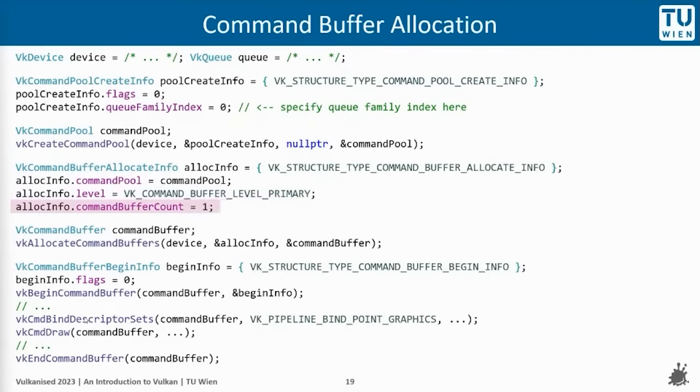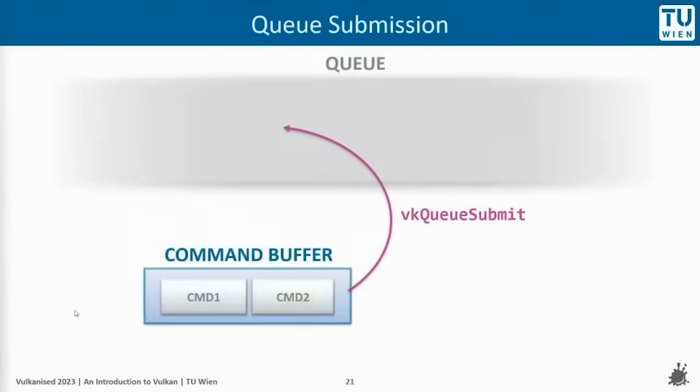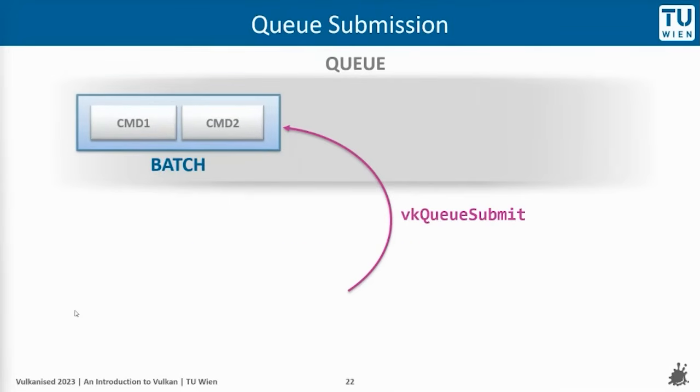In this case, we allocate one single command buffer with the call to vk allocate command buffers. Yeah, and when we have allocated the command buffers and recorded into them, like here on the bottom, so let's say we are done with command buffer recording, then we send it to a queue using the command vk_submit. So vk_submit takes a command buffer, or actually you can specify multiple command buffers, and hand them over to vk_submit, which then sends it to a device.